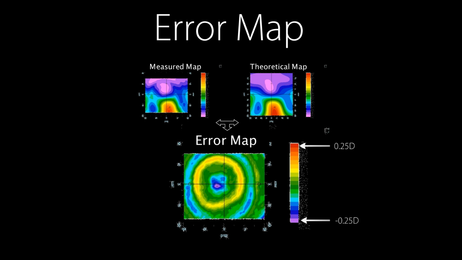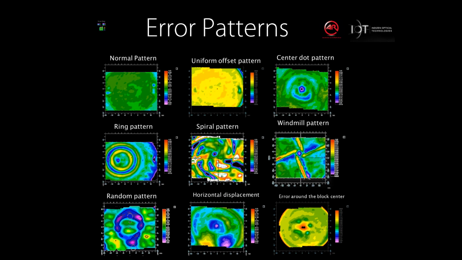So these error maps often include typical signatures of the process, like the ones that are shown here. The signatures are called error patterns, and they have been classified in collaboration with our partner, IoT. And I would like to show you now several examples.